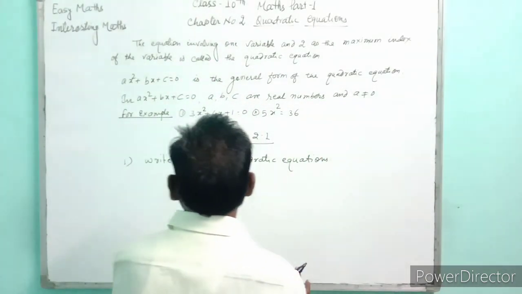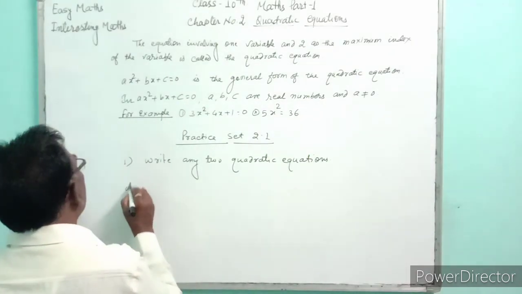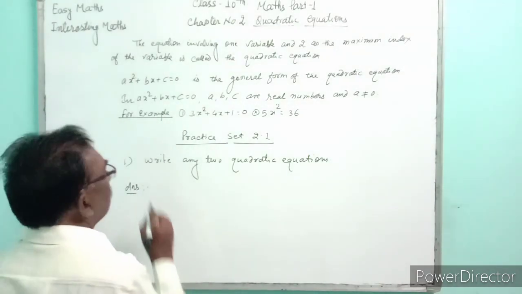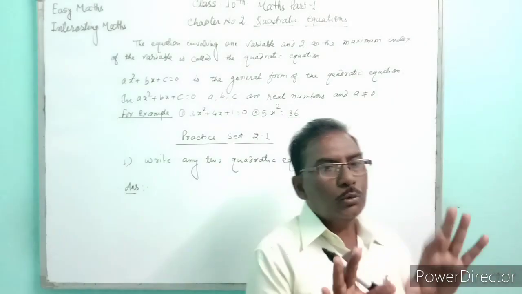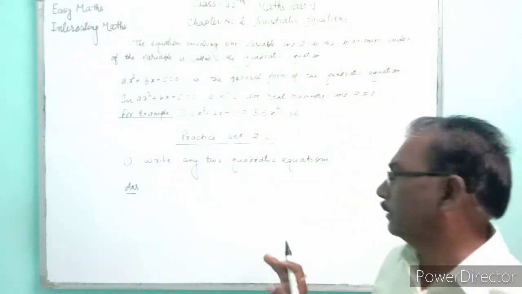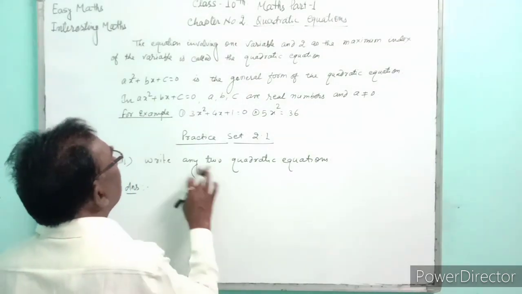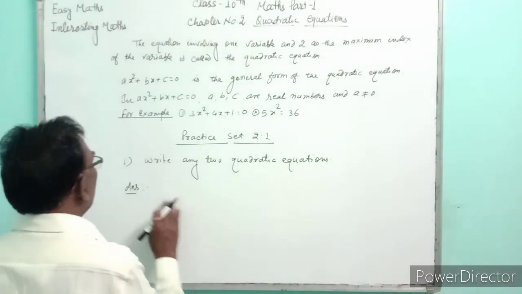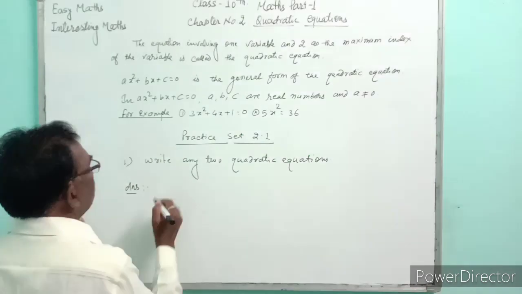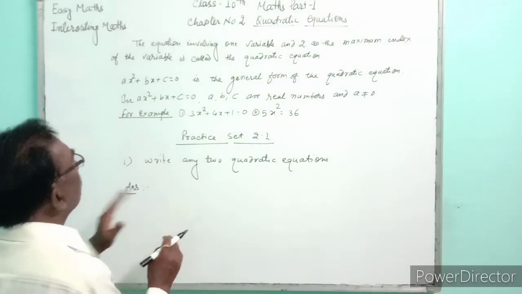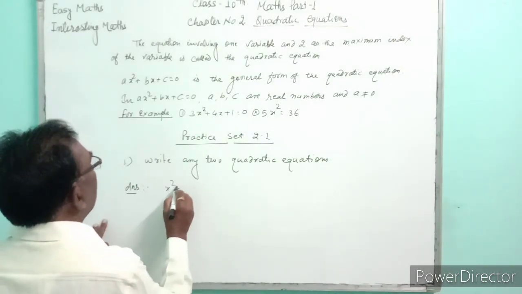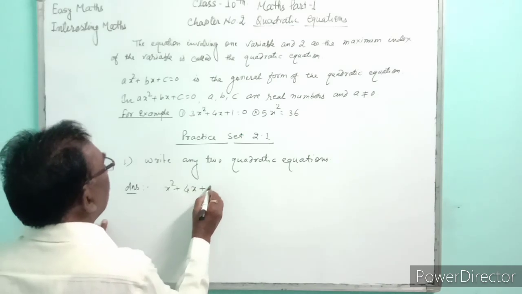Answer. You have to write only two quadratic equations, because the problem is to write any two quadratic equations. So we can write two quadratic equations. x square plus 4x plus 5.